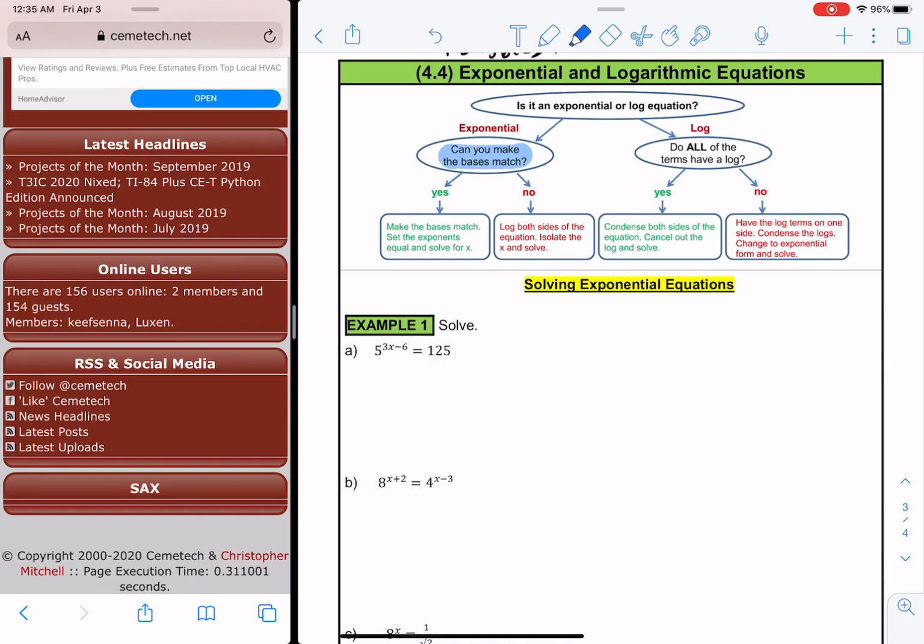In the sense, we have 2 raised to x equal to 2 raised to 22 minus x. The bases match. If the bases match, we simply set the exponents equal and we solve. If not, we take the log, isolate the x, then we solve.